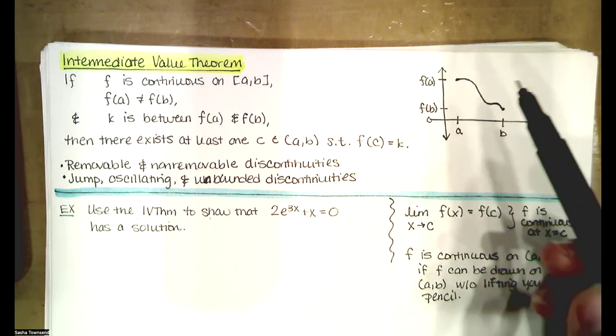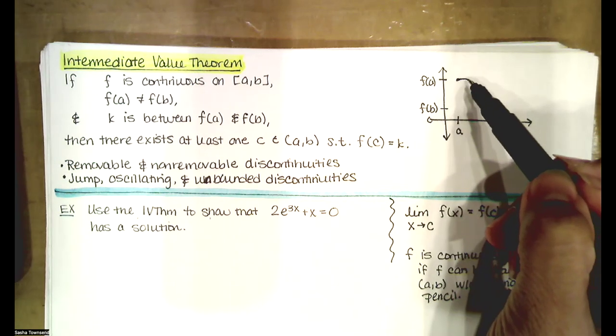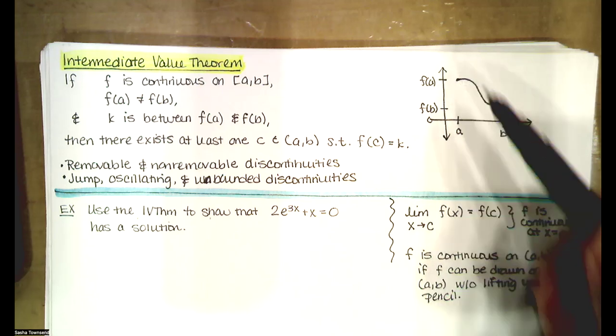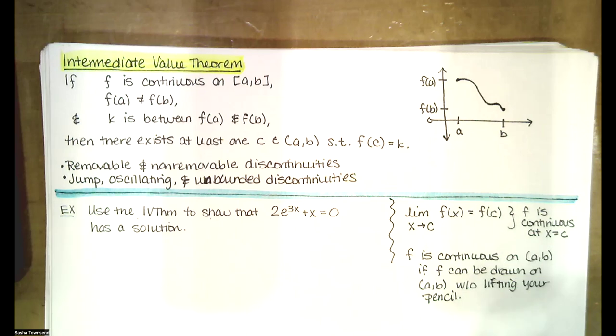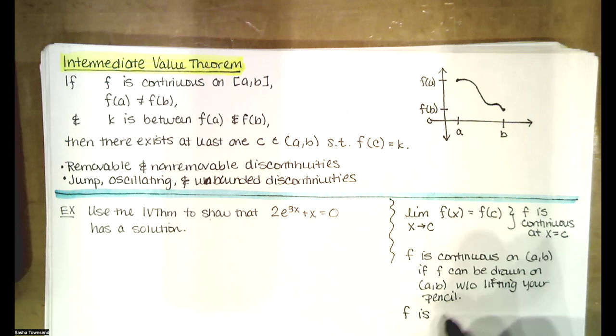But if it's continuous in the closed interval, we're saying it's continuous from the right at a. So the limit as x approaches a from the right of f of x is f of a.